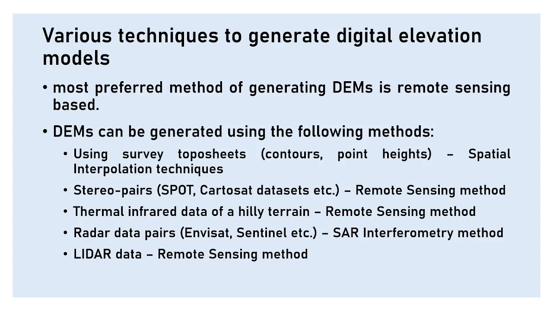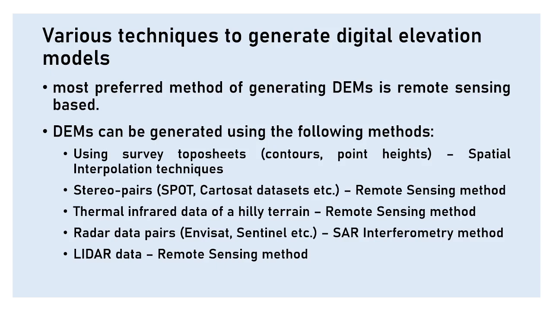Then Sir had discussed the various techniques to generate digital elevation models. The most preferred method for generating a digital elevation model is the remote sensing one. Whatever information you get from remote sensing, it can be aerial photographs, satellite images, even drone images, all of these can be used to generate the DEMs.